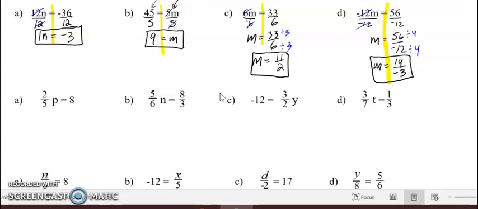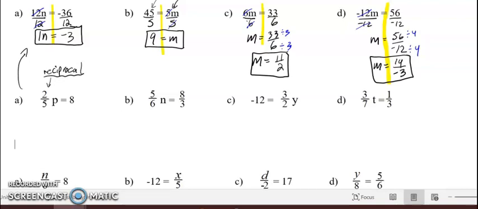So the rule for these guys is, and here's the phrase, multiply by the reciprocal of the coefficient of the variable. In other words, p is multiplied by 2/5. If I used the strategy up above, I would have been dividing both sides by 2/5, and that is just too complicated.